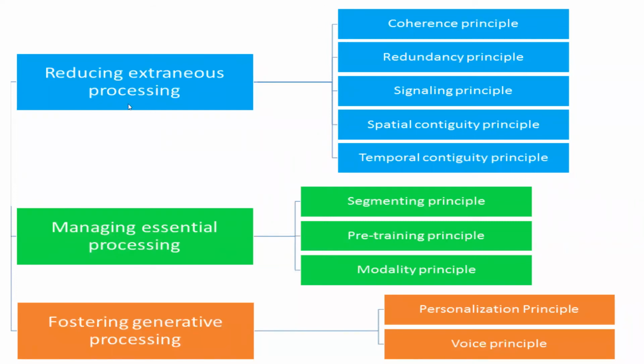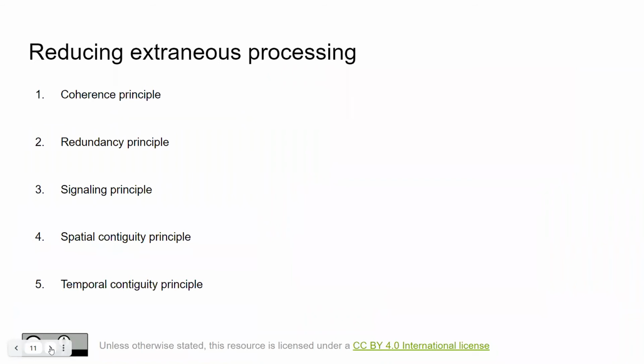So we've got each of the three principles, and then each of the three principles kind of explodes into some other things that you can do within that umbrella. We're going to chat about each of those, and each of those has an implication for what we do in our materials. So in terms of reducing extraneous processing, he gives us five things.